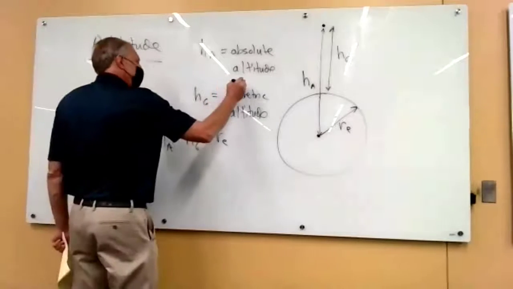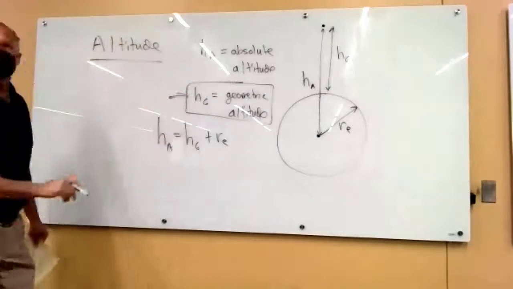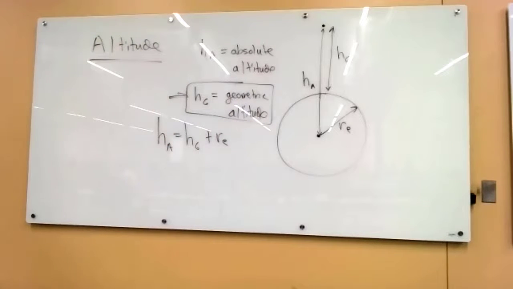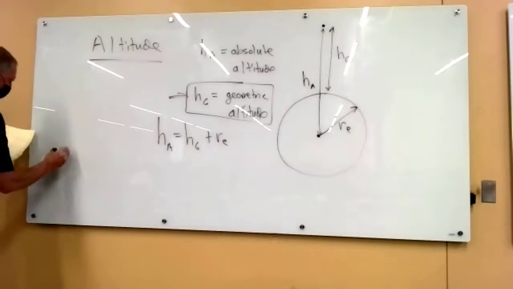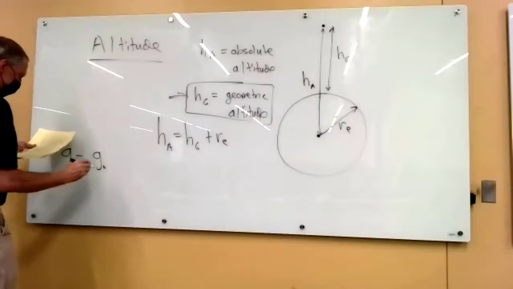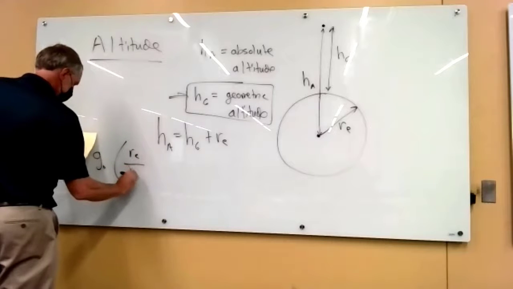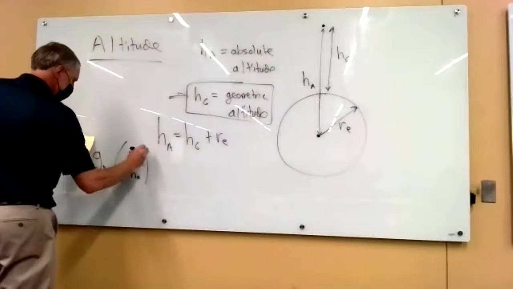So when we're talking about space flight or talking about airplanes, we're usually talking about this, the altitude above sea level, because that's where the air starts at sea level. We may or may not, and we'll talk about this in a bit, include the fact that gravity changes with altitude.